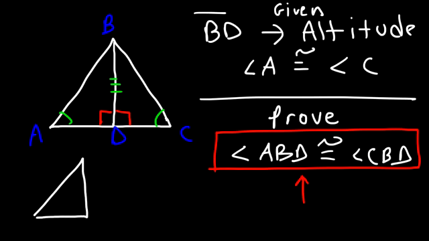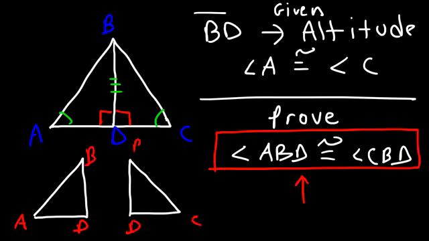So if we split it into two triangles, triangle ADB and CDB, we could say that these two sides are congruent based on the reflexive property, and we have that angle D is congruent to each other and angle A is congruent. So thus we have angle, angle, side. And so we could prove that the two triangles are congruent.